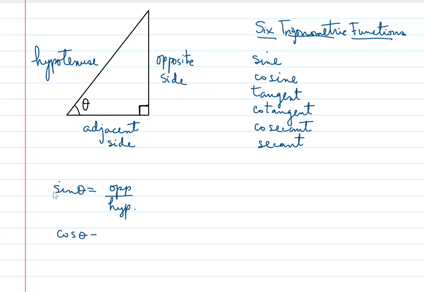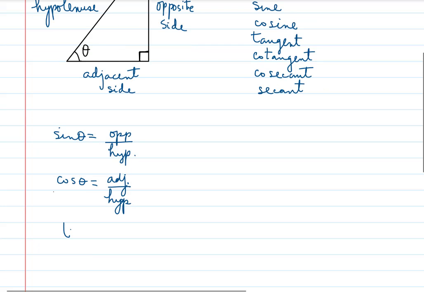Cosine is going to be adjacent over hypotenuse. And then we have tangent of theta, which is going to be opposite over adjacent.